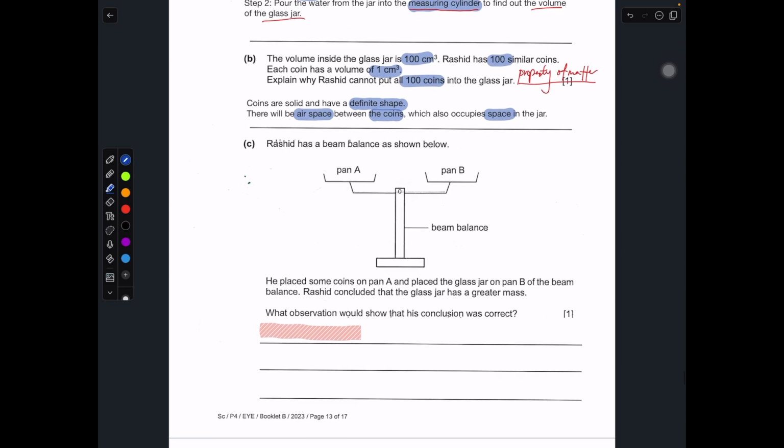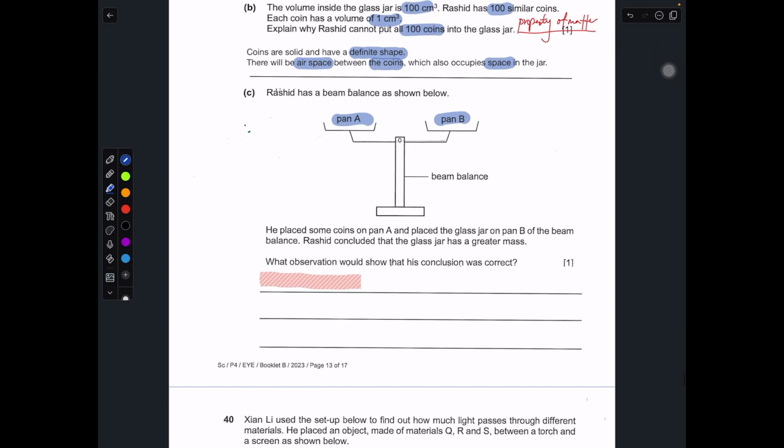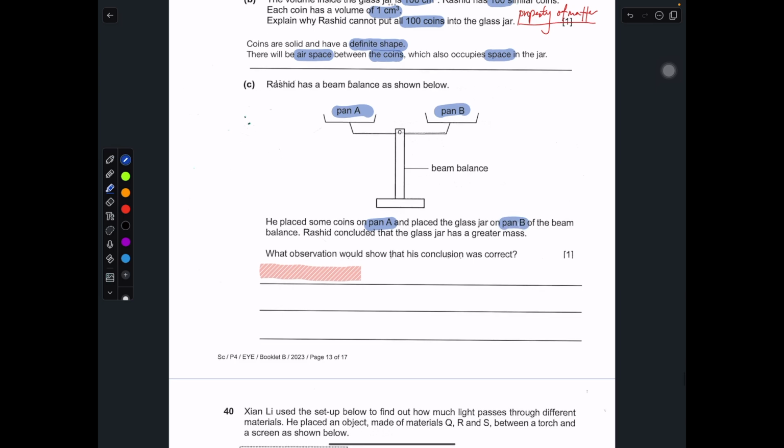Okay, Rashid has a bin balance as shown, so we have hand A, hand B. He placed some coins on A, and placed a glass jar on B of the bin balance. He concluded that this has greater mass. If the glass jar has a greater mass as compared to the few coins, therefore what you will see is that this one will go down and this one will go up.